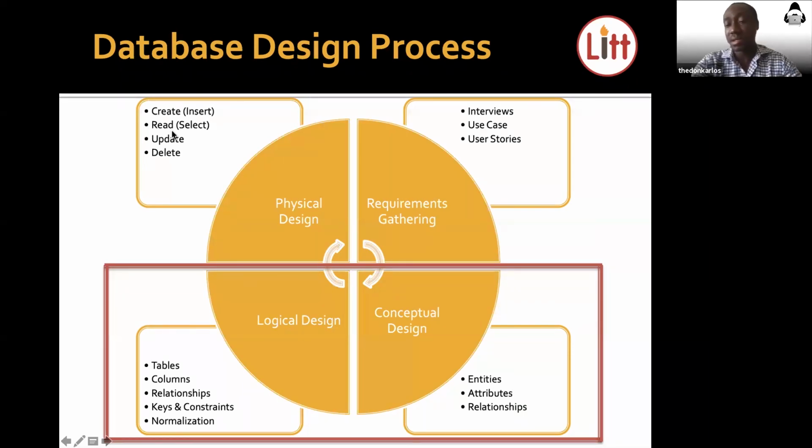Conceptual design, entities, attributes. There are three main things that we look at when we are designing the conceptual model. We look at the entities, the attributes, and the relationships. The entities, using the company database analogy, are the employees, the departments, the dependents of the employee, the projects that the employee has worked on, the job roles, and all of that. Each of these would have attributes. So an employee could have the name, the date of birth, sex, and so on.